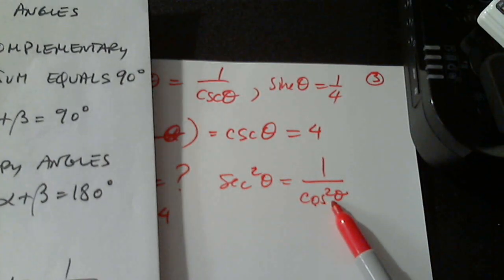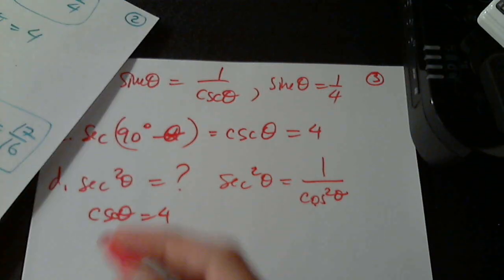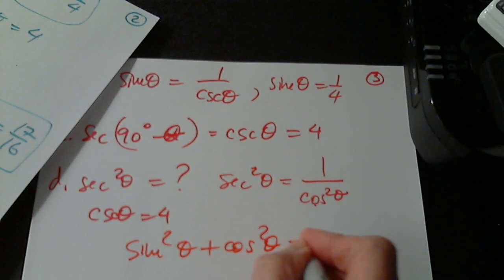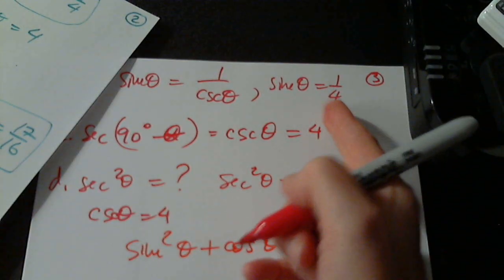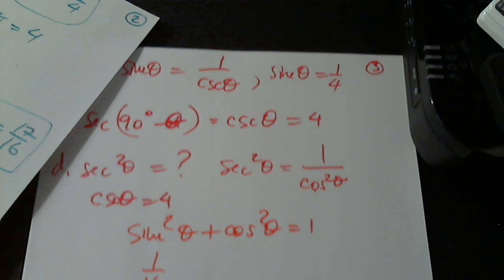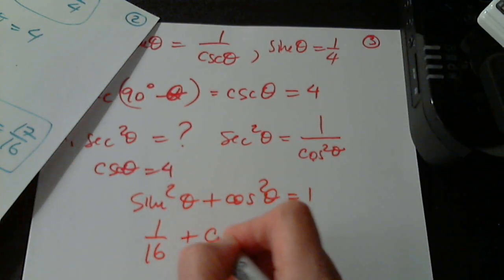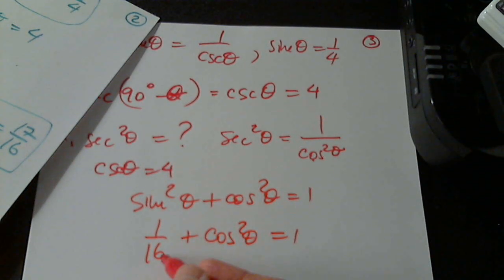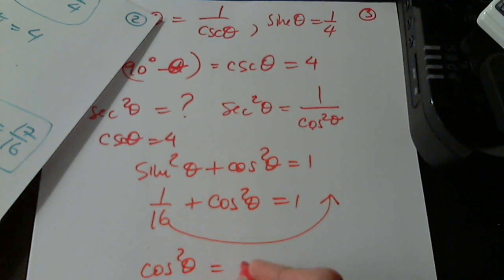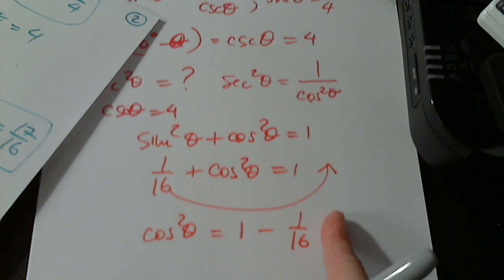That's all I need. So I'm going to write that sine squared theta plus cosine squared theta equals 1. And I have sine, which is 1/4 squared, 1/16, plus cosine squared theta equals 1. And I have to move it to the other side. So then cosine squared theta equals 1 minus 1/16. 16 minus 1 is 15.